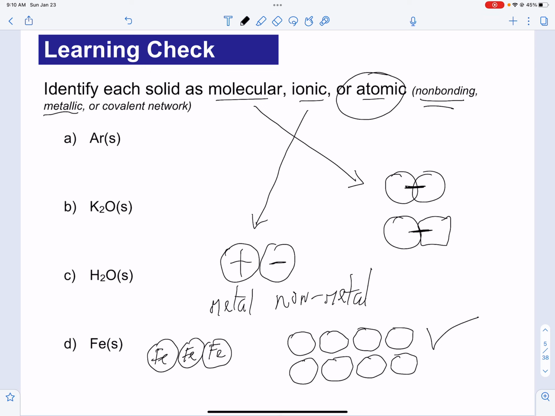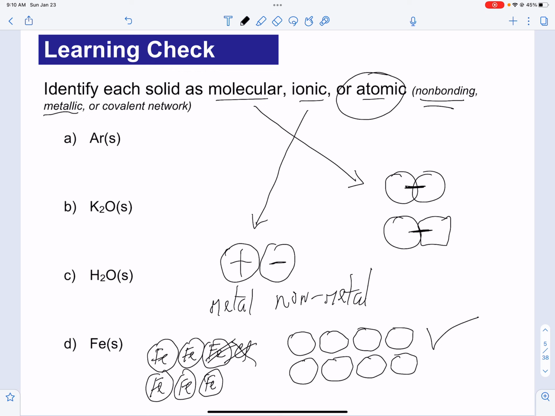This will be a whole new concept, but it's basically metallic atoms joined together in their own specific way of doing it, with the sea model and so on. So if this was, for example, chlorine, that wouldn't be metallic because chlorine is a non-metal.